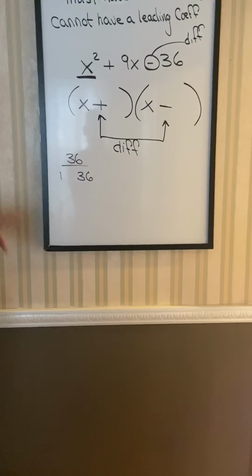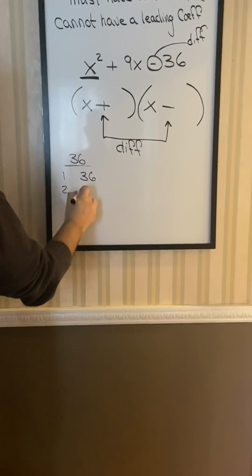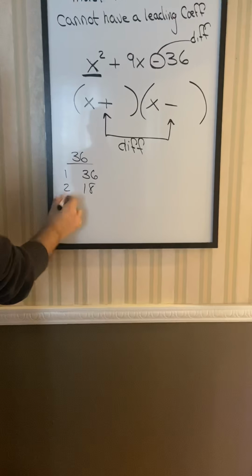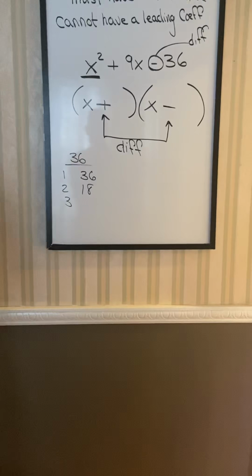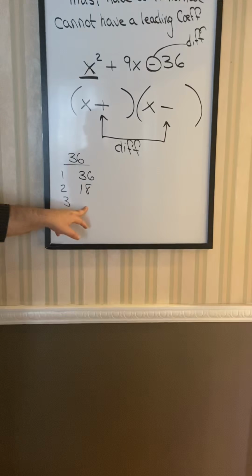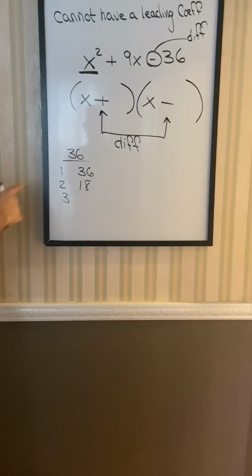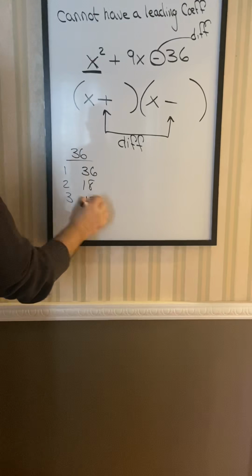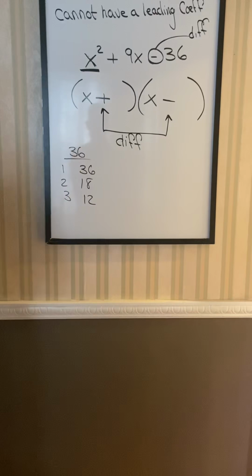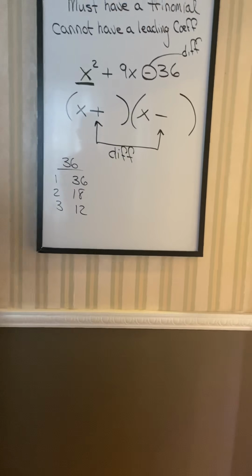For example, 2. 36 divided by 2 is 18. 36 divided by 3. This way, if you didn't know the combination of 2 times 18 or 3 times 12 gives you 36, if you go in order and just do it in your calculator, 36 divided by 1, 36 divided by 2, 36 divided by 3, you're going to find all the different combos.